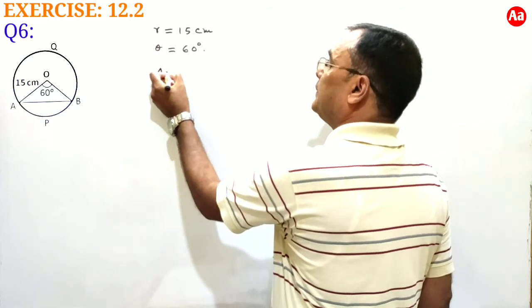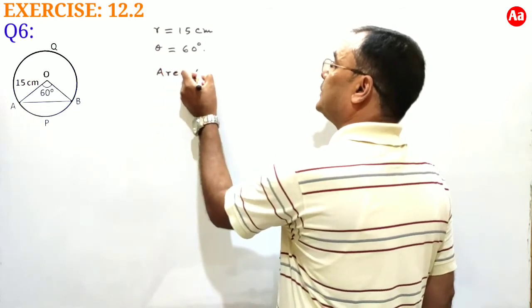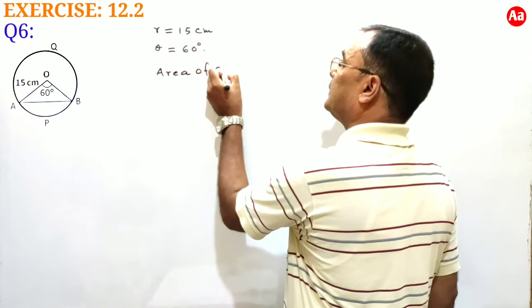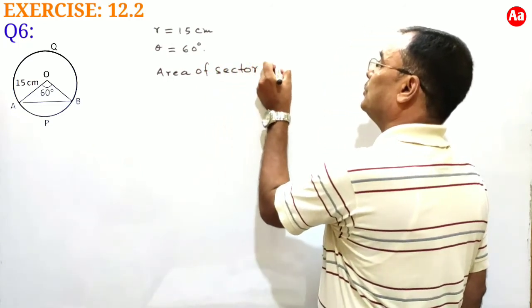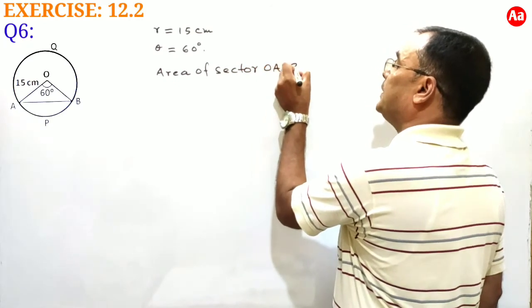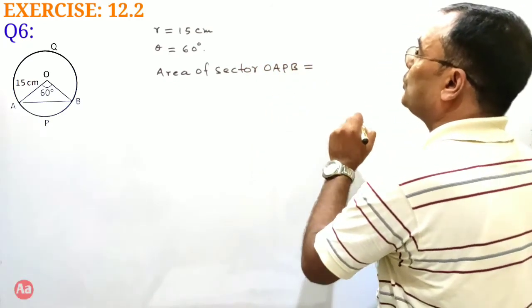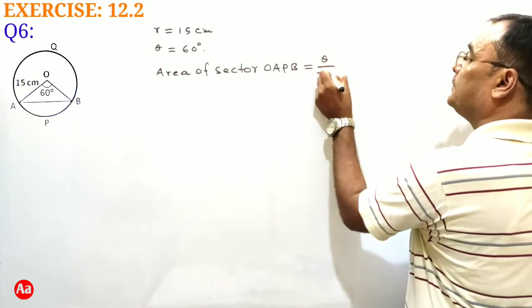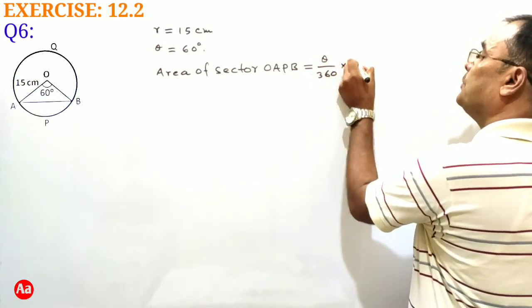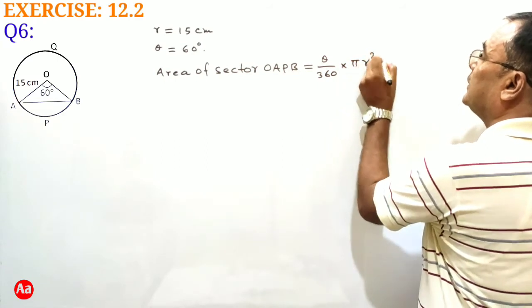Area of sector OAPB is equal to theta by 360 into pi r square.